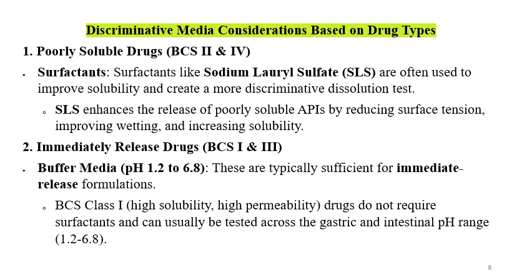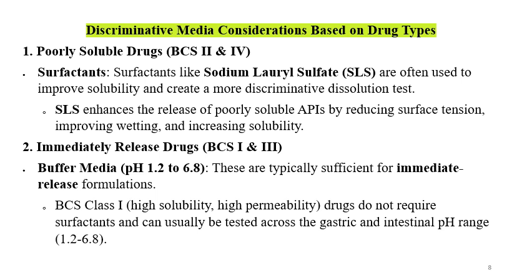The surfactants like Tween 80, polysorbates, then Triton, CTAB, these are also used. Immediate release drugs, that is immediate release formulations like tablets, capsules, for these, the buffer medias can be used, which may have the pH in the range of 1.2 to 6.8.